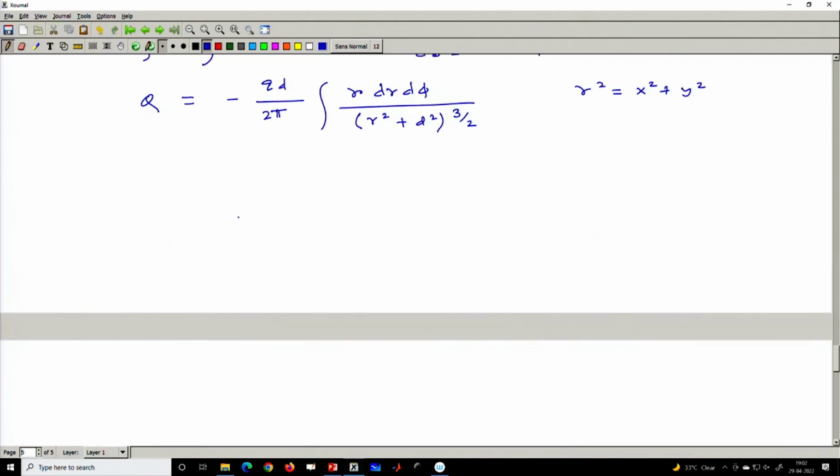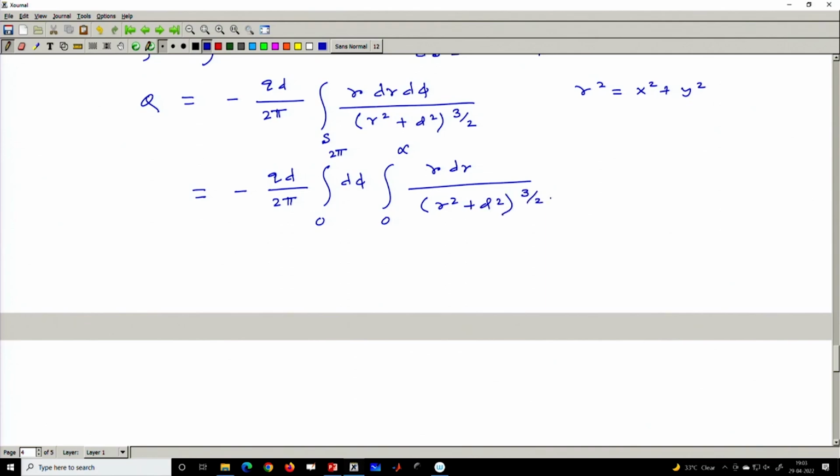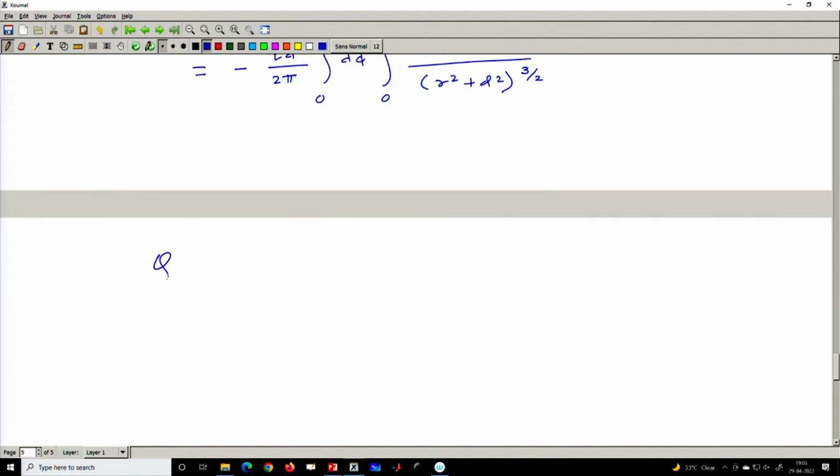So now what is the integration? I can write it as minus, and this integration is over the surface, so I need to put the proper limits: 0 to 2 pi for phi, and 0 to infinity for r, because this is an infinitely extended plane, r dr divided by r square plus d square whole to the power 3 by 2. This integration is very much doable.